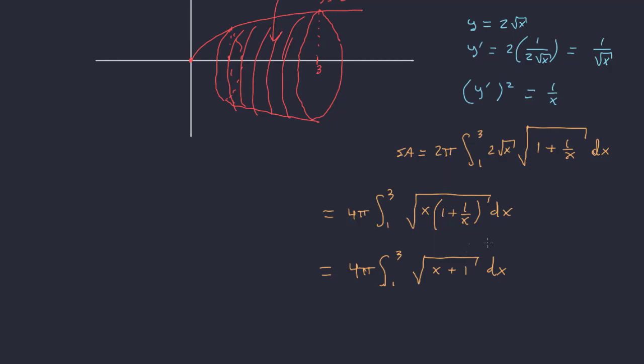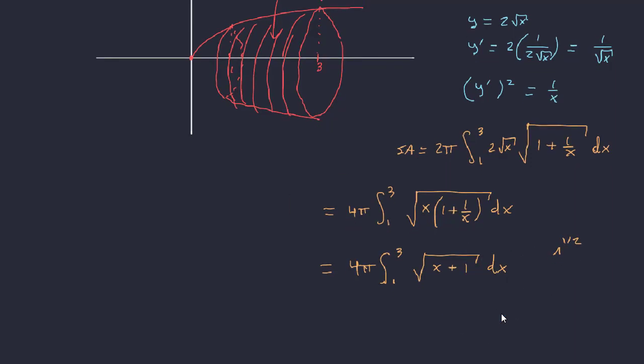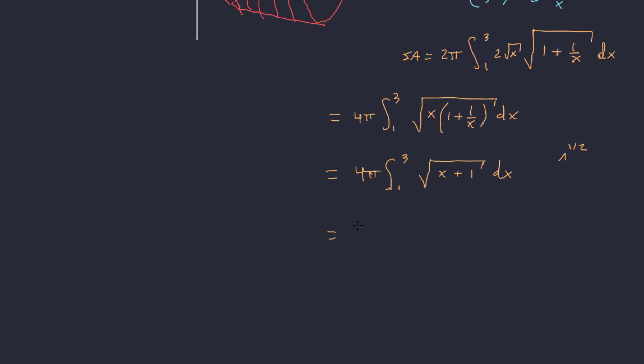So this is just to the 1/2 power, of course. So to integrate this, it'll just be 4 pi times x plus 1 to the 3/2 power all over 3/2 from 1 to 3.